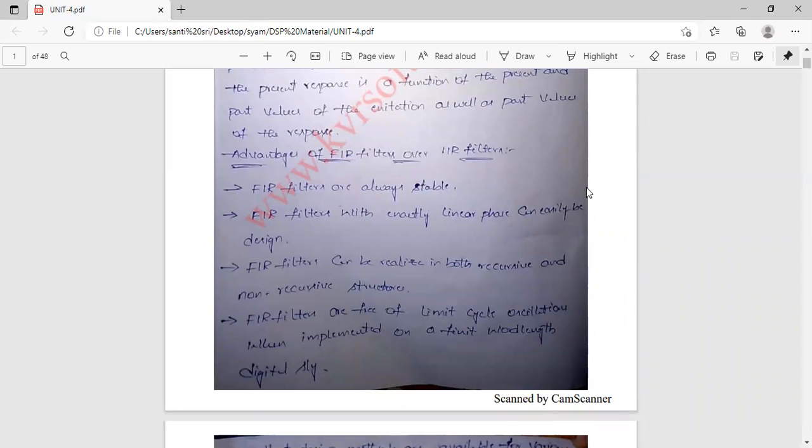Next, FIR filters with exactly linear phase can easily be designed. FIR filters can be realized in both recursive as well as non-recursive structures.